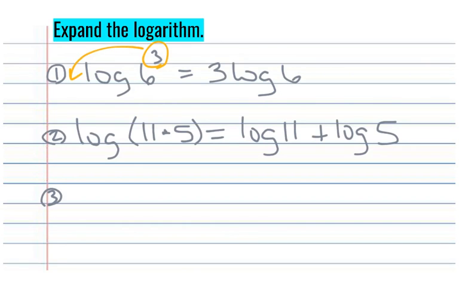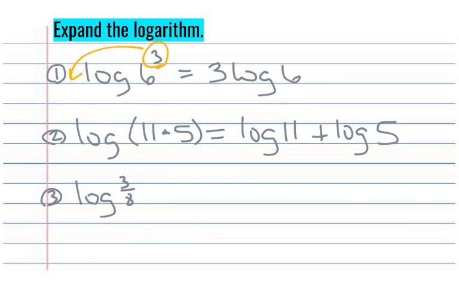Let's throw another one in there. Let's say we had log of 3 over 8. Sorry, my technology and me, we gotta love it. 3 over 8. That's a little better. By looking at this, we can see that it follows the division property.